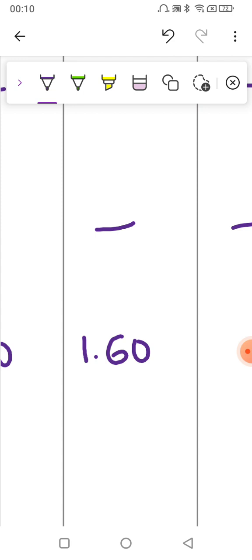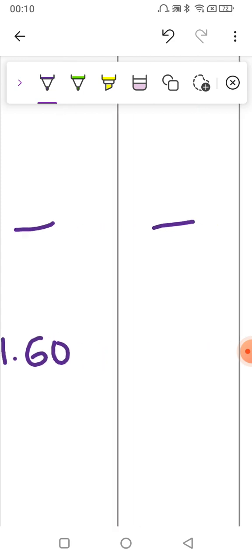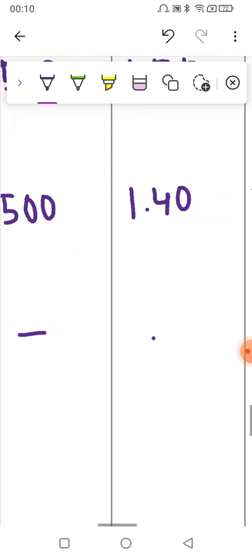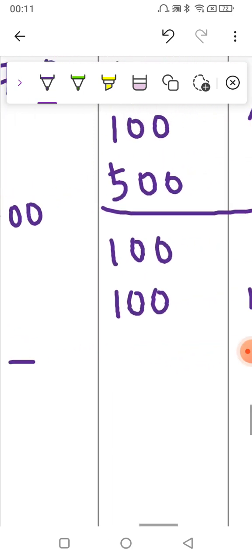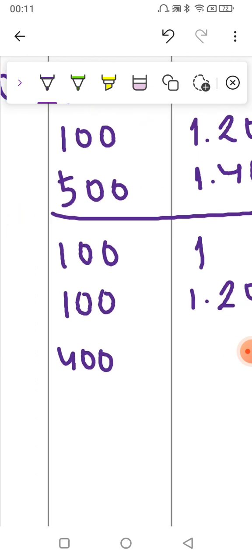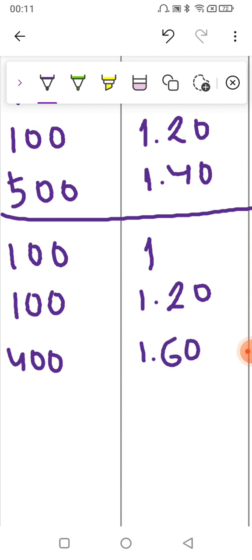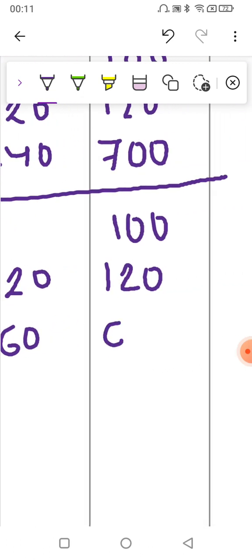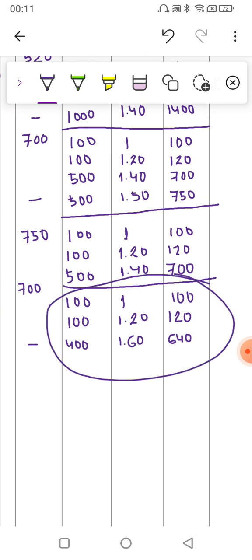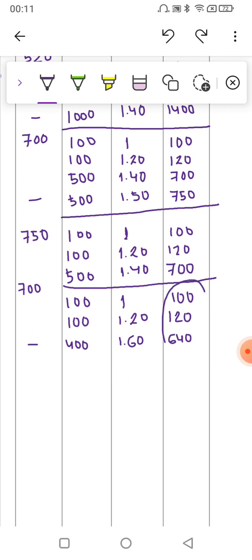If we multiply 400 into 1.60, we would get 640. There were no issues. So what we are left with is 400 units of 1.60 right now, and that amounts to 640. Therefore, these are the things that are left. If we add all of this amount, what we get is the value of the stock, the closing stock amount.